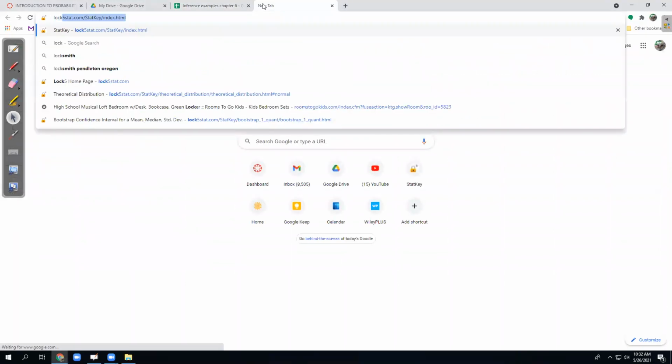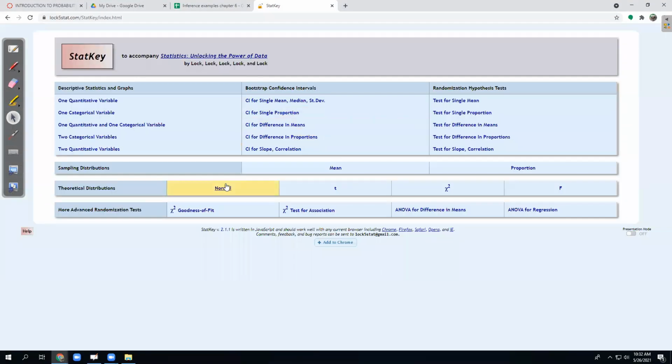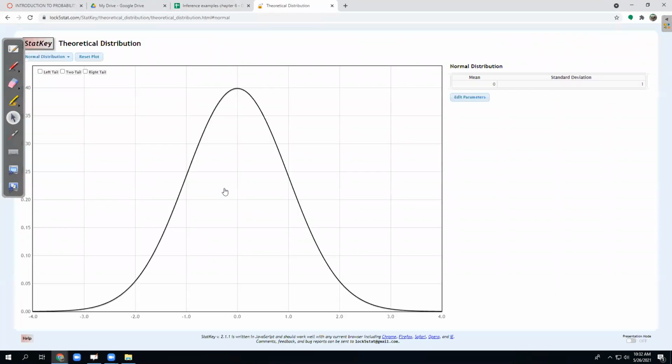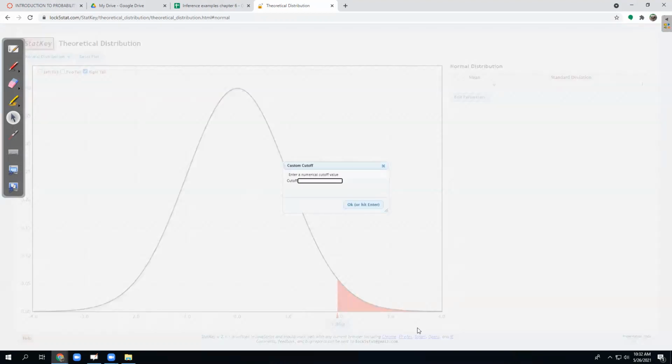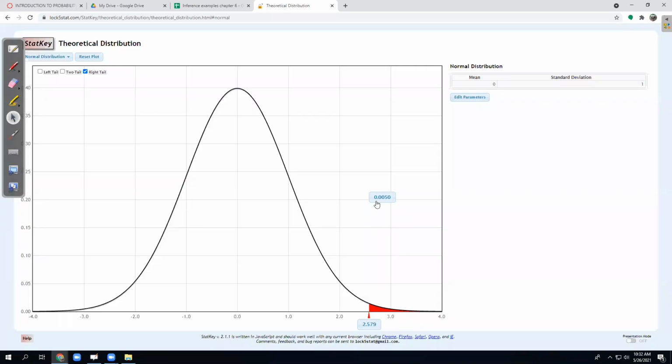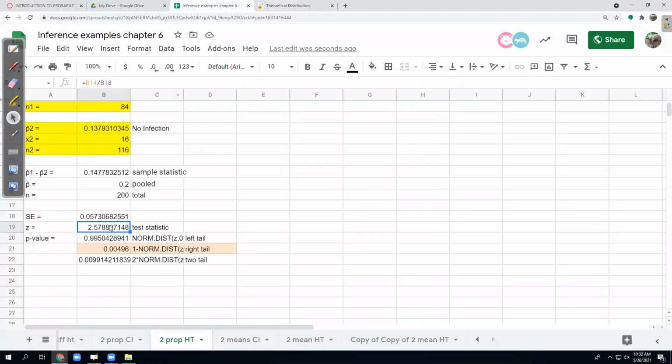In StatKey, I choose Normal dist, because I have a z-score, not a t-score. I'm doing a right tail, and I plug in my z, 2.5788, and StatKey says 0.005. And if we look back at our spreadsheet, 0.005, right? Even if we rounded to the 4th or 5th decimal place, it would round to 0.005. So StatKey has a little less accuracy, but it's in the ballpark. StatKey agrees.